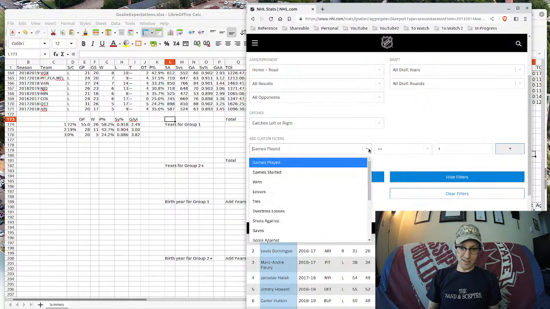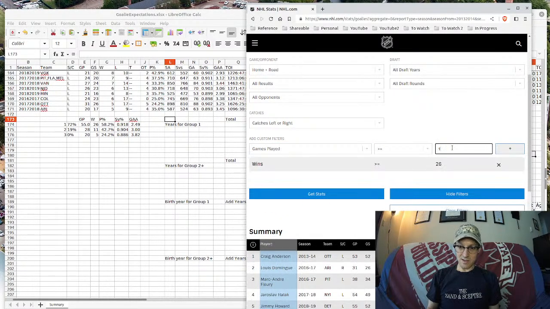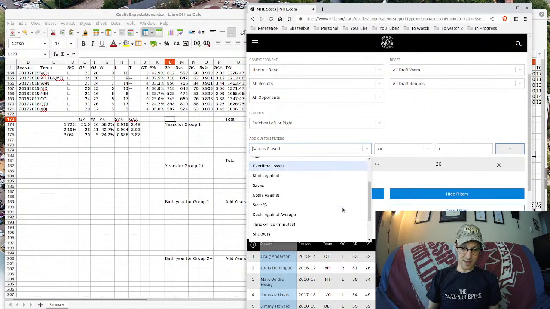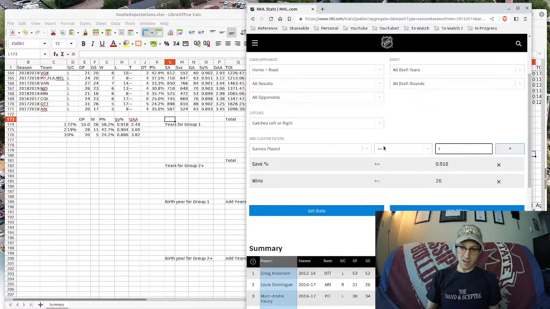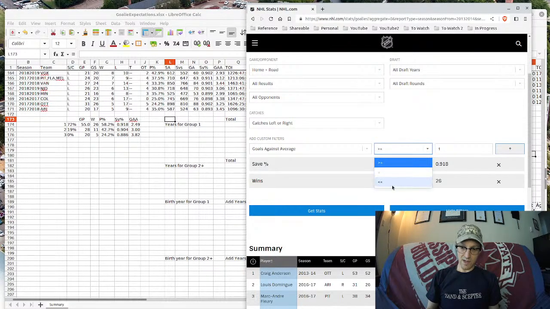So let's go back. We want 26 wins. We want .918. What? 0.918. And then a goals against average of less than or equal to 2.49.